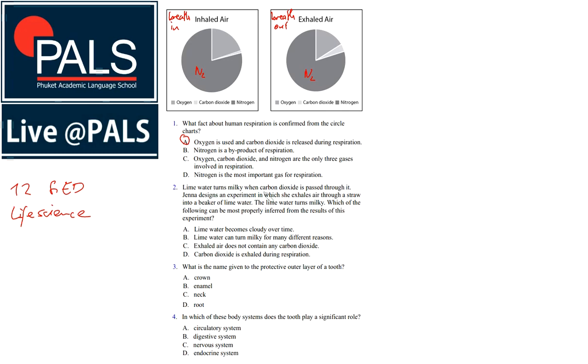So the important bit of information that we get here is that lime water turns milky when carbon dioxide is passed through it.